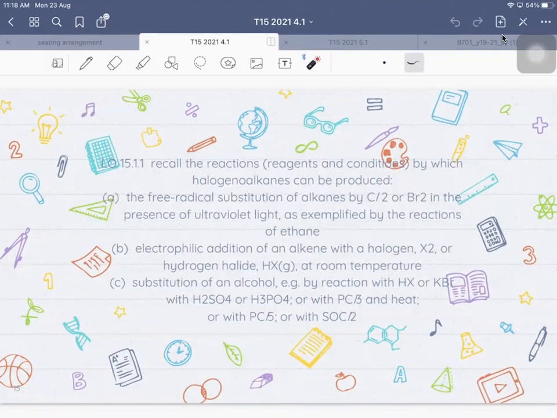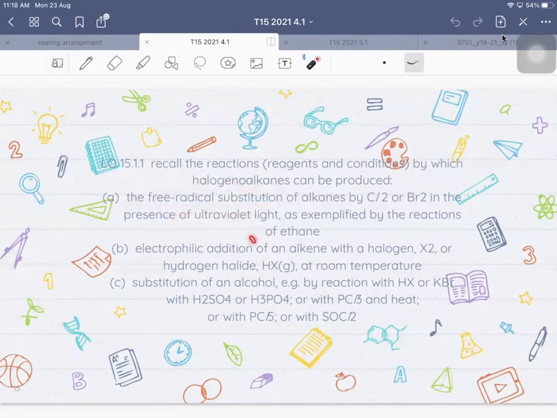So how do you produce halogenoalkanes? There are 3 reactions, well, 3 types. The first 2 are free radical substitution and electrophilic addition, which you have already covered. Halogenoalkanes can be produced from alkanes, obviously, because they are derivatives of alkanes.